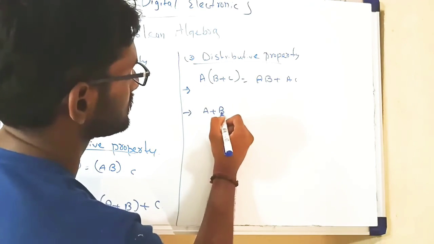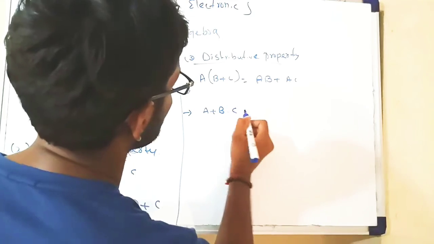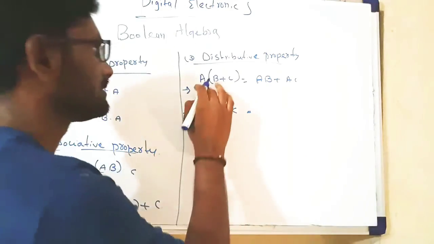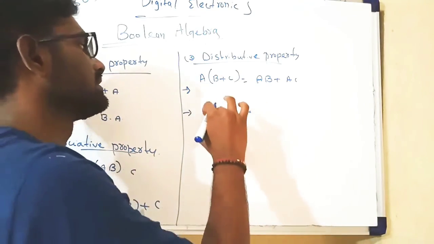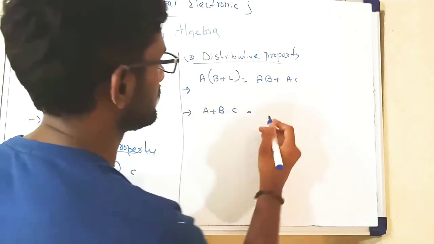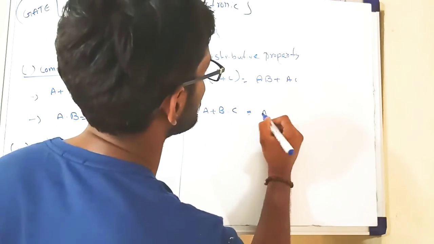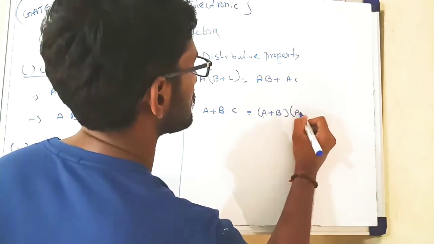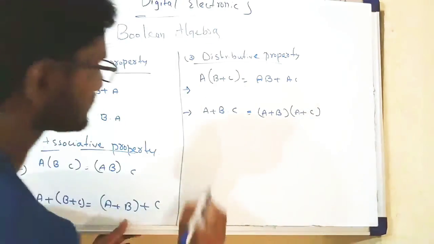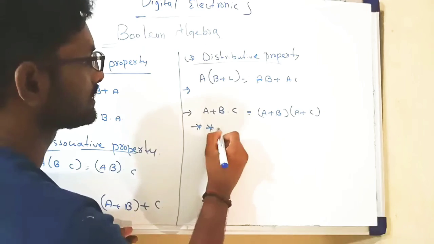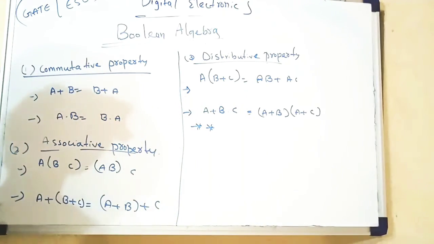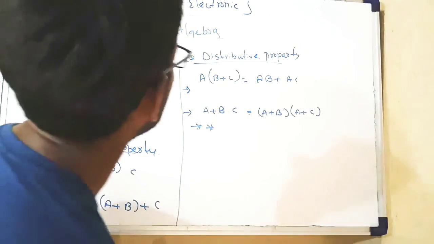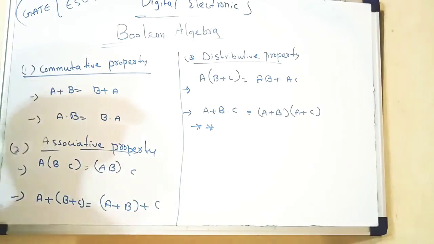A plus b into c: here simply replace the AND by sum and sum by AND. This is equal to a plus b into a plus c. This is a very important property for realizing simple circuits. This is about the properties.